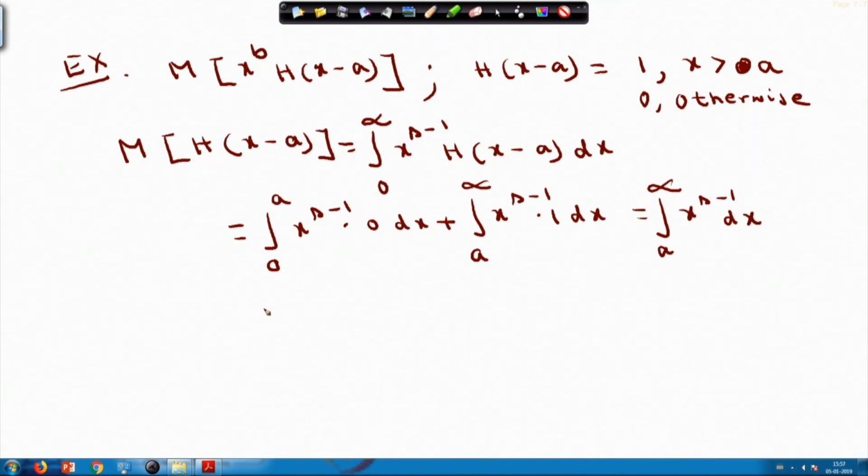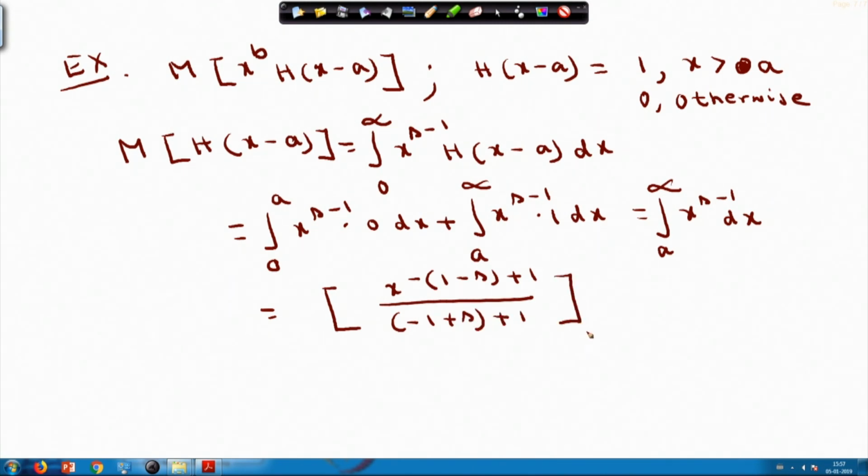If you evaluate this integral, this will be equal to x to the power s divided by s, with limits a to infinity. Whenever you evaluate the upper limit, the value will be 0 and the lower limit will give minus a to the power s by s. We are assuming that the real part of s is less than 0.